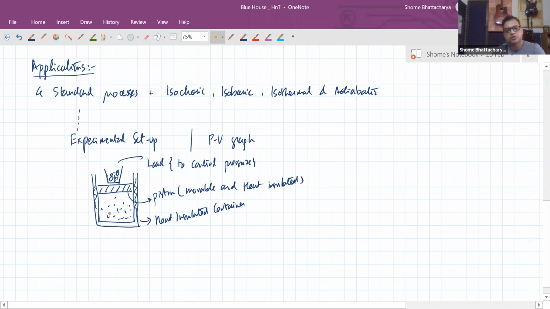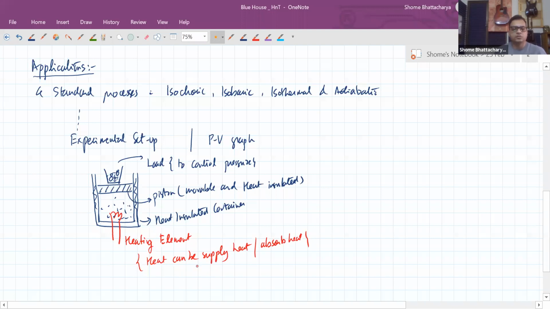And we have some kind of also a heater through which we can supply heat or absorb heat from the gas. Both of them is possible.